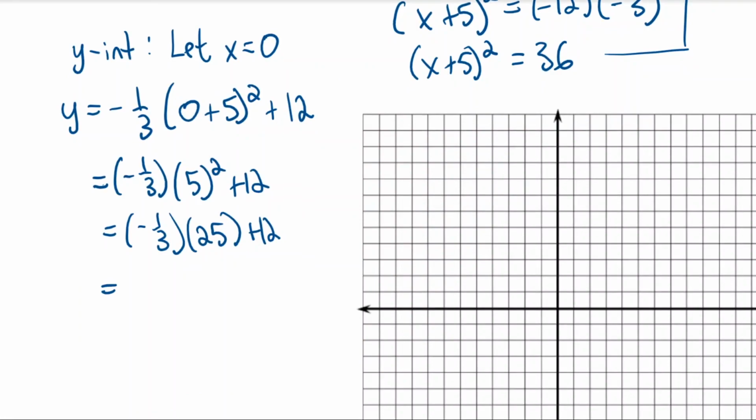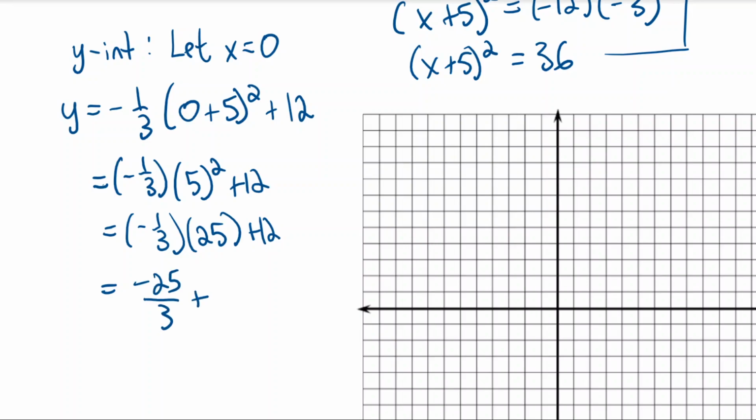All right, so 25 divided by 3 is a funny number. We got 25 divided by 3 is 8.3333333333. I can do this in different ways, but let's just do it like this. Know that with fractions, we've got negative 1 times the 25. We always do the numerators times the numerator, which gives us negative 25 over 3 and plus 12.